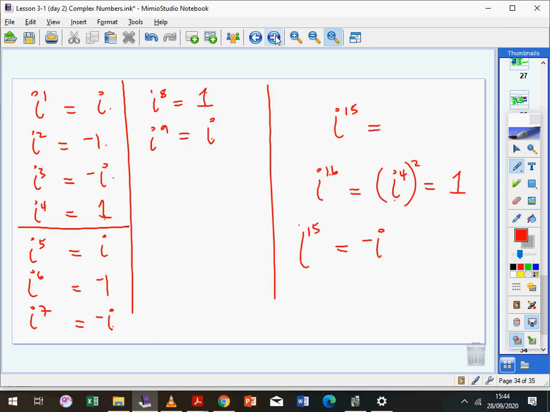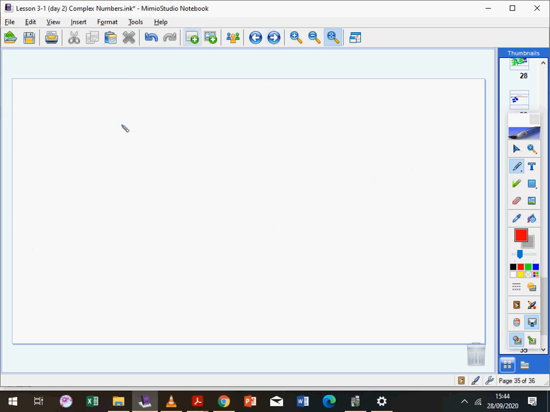And if you want to prove it, you can say, well, i to the power of 16 has given me 1, but i to the power of 15 is just i to the power of 16 divided by i to the power of 1. So I'm just going to get this 1 and I divide it by i. Then if I want to use the process of making it a real denominator, I'll multiply by i, or if you want, multiply by negative i.